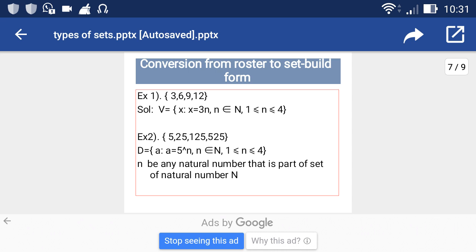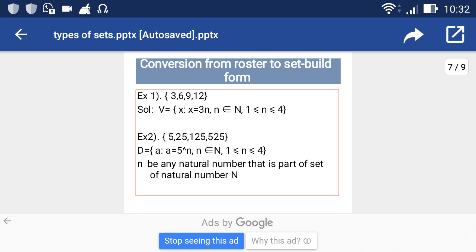Let us take the next example: 5, 25, 125 and 625. Here all elements are powers of 5. So if I take any letter a that represents the common property of being a power of 5 for all elements shown in the set, a is equal to 5 raised to n.